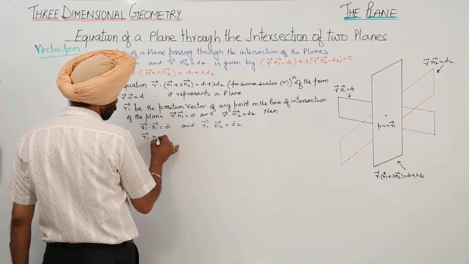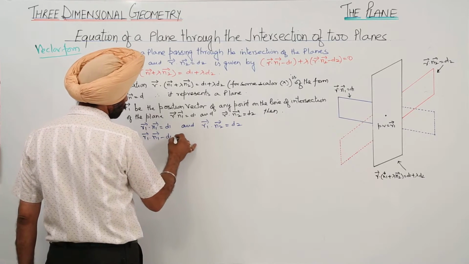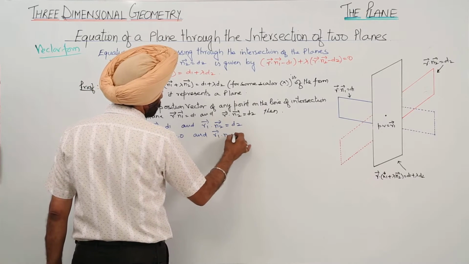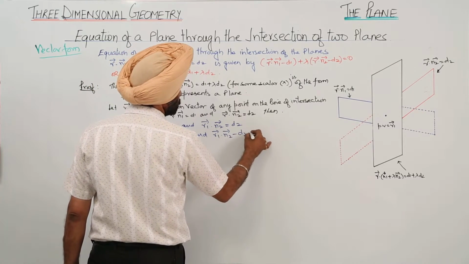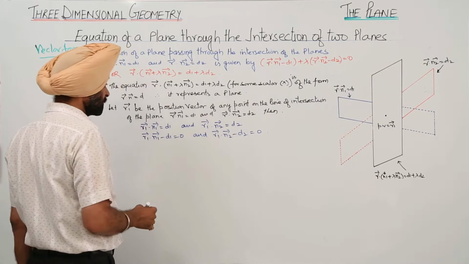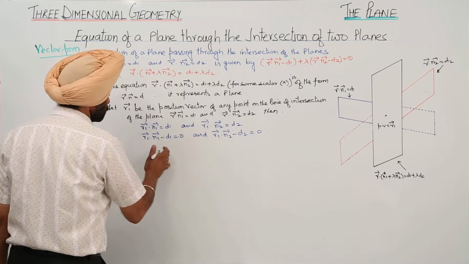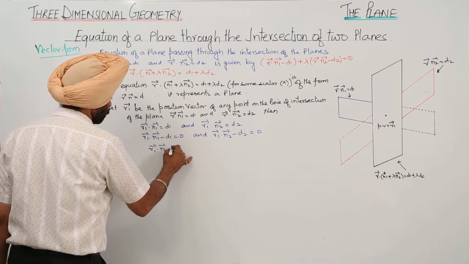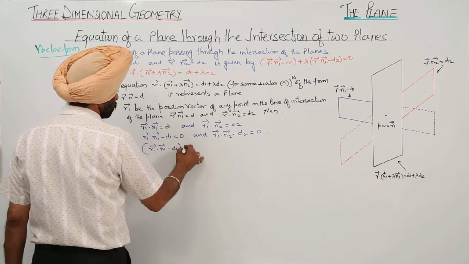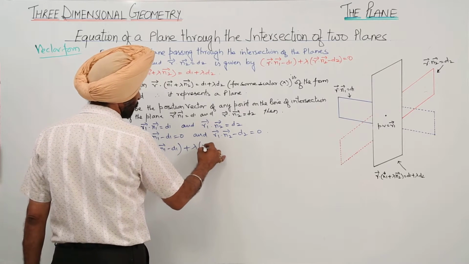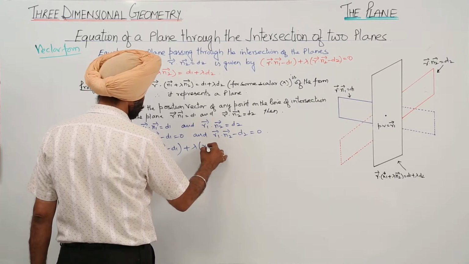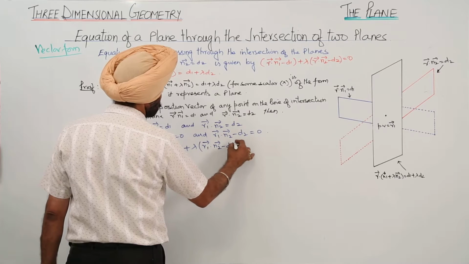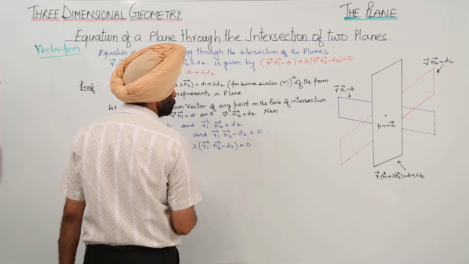r1 dot n1 minus d1 is equal to 0 and vector r1 dot vector n2 minus d2 is equal to 0, or combining these two, we can write vector r1 dot vector n1 minus d1 plus lambda times vector r1 dot vector n2 minus d2 is equal to 0.